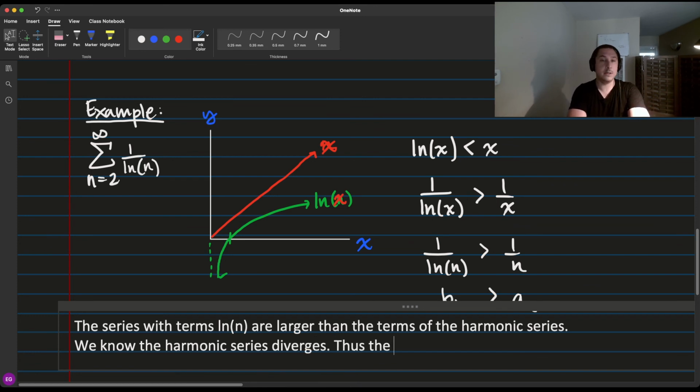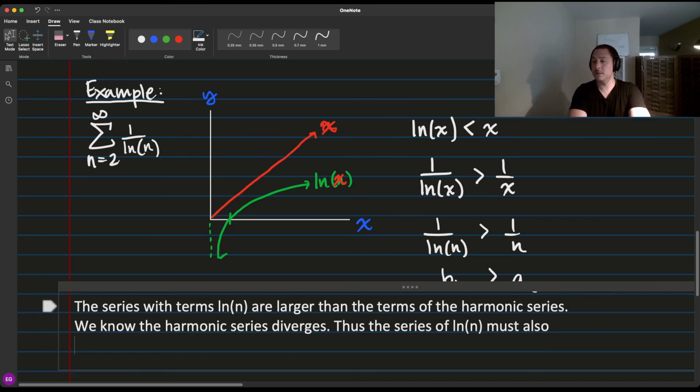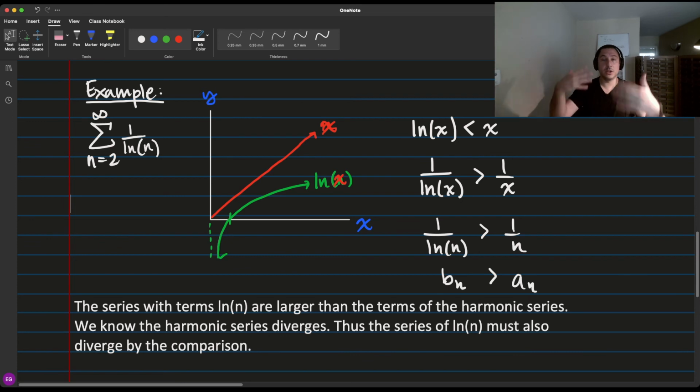Thus, the series of 1 over natural log n must also diverge by the comparison test. The terms of 1 over natural log n are greater than 1 over n. The sum of 1 over n diverges, so the sum of 1 over natural log n must also diverge.